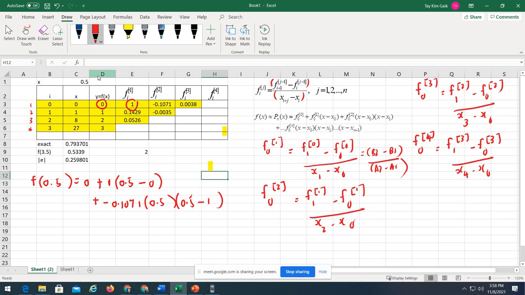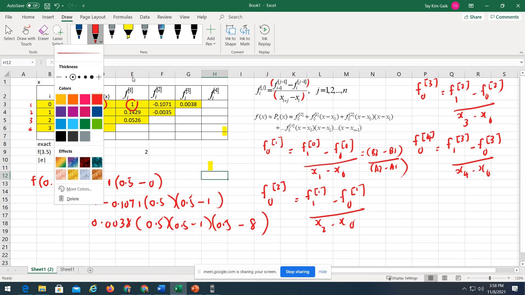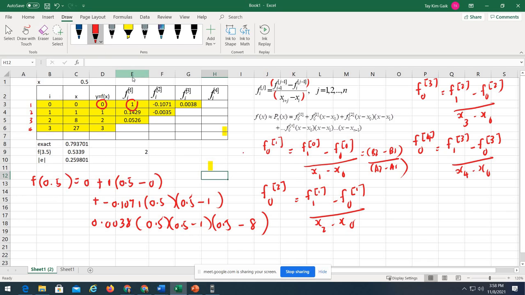This is the second level, multiply 2 terms. And the third level is 0.0038, multiplied by 0.5 minus 0, which is 0.5, and then 0.5 minus 1, which is negative 0.5, and then 0.5 minus 8, which is negative 7.5.